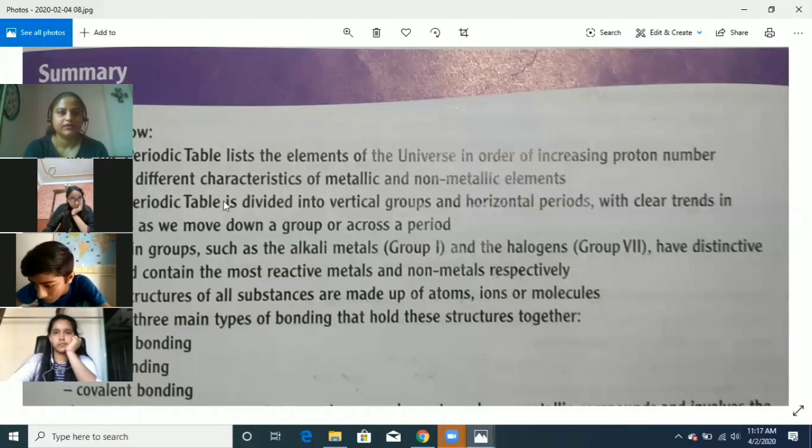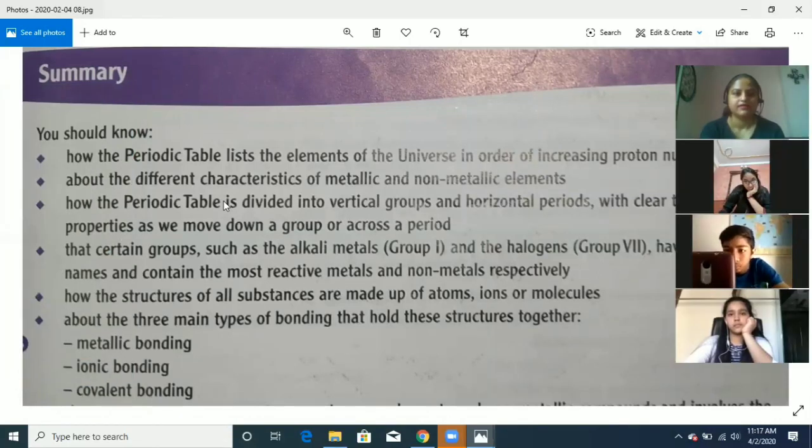So our today's task is, you should know how the periodic table lists the element of the universe in order of increasing proton number. Actually, Mendeleev had given the periodic table, but that periodic table is not accurate.